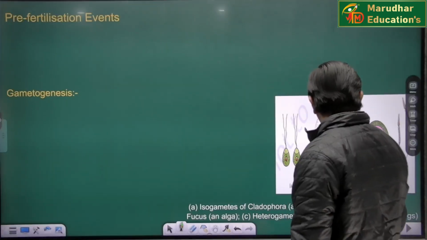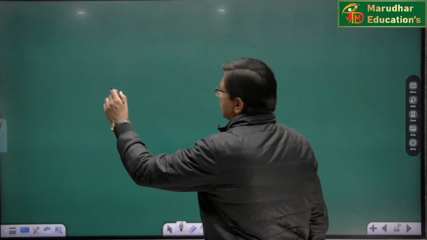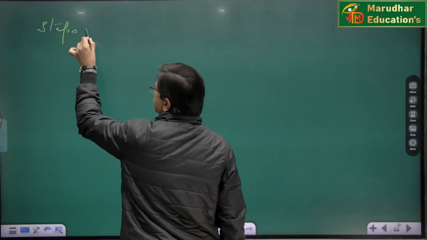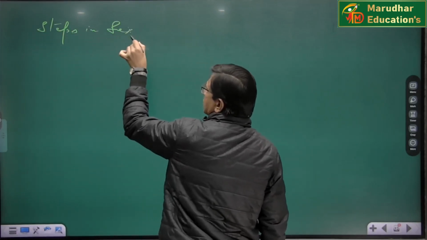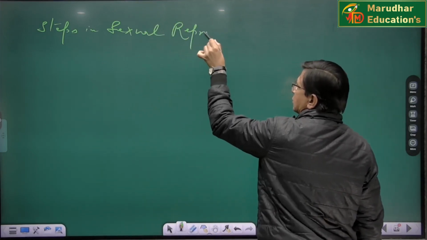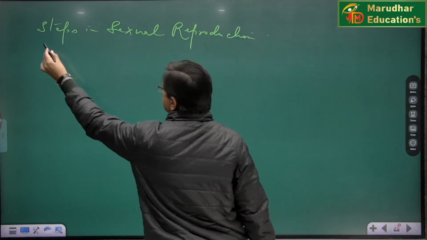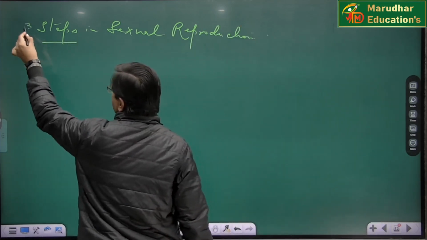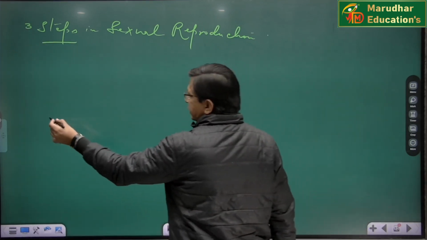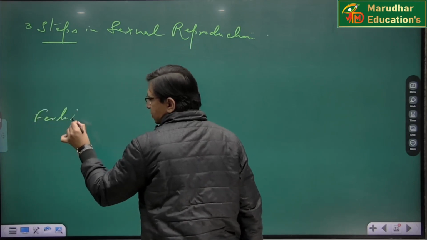Sexual reproduction has various steps. See, basically three steps are there, and the central step is called fertilization.